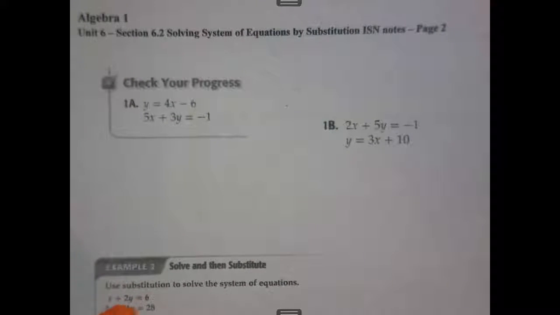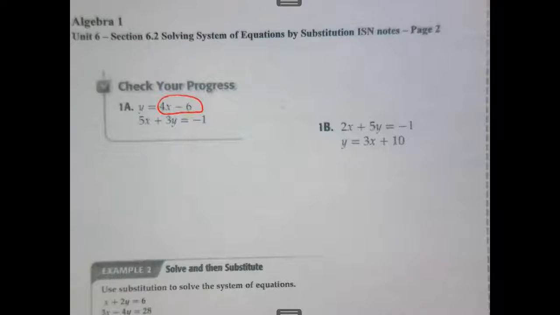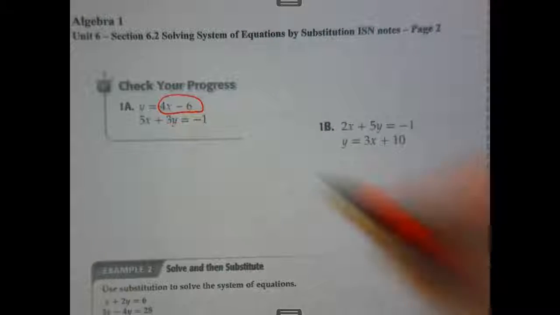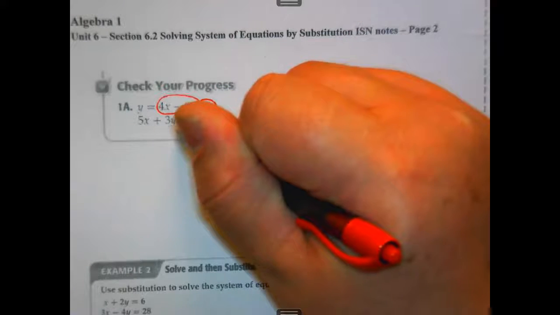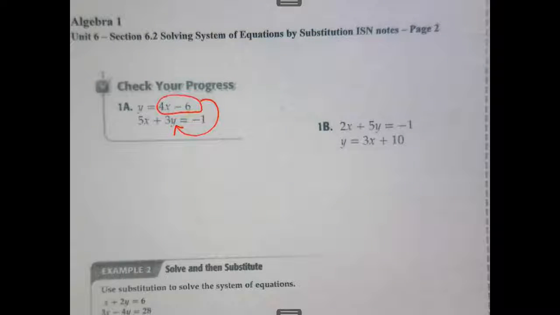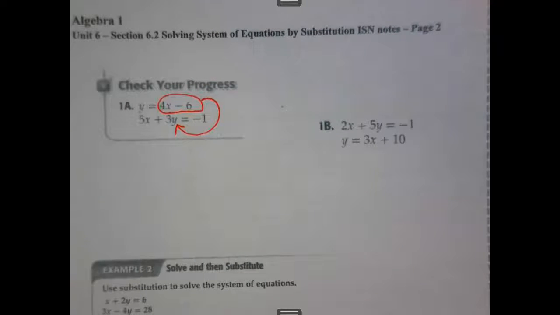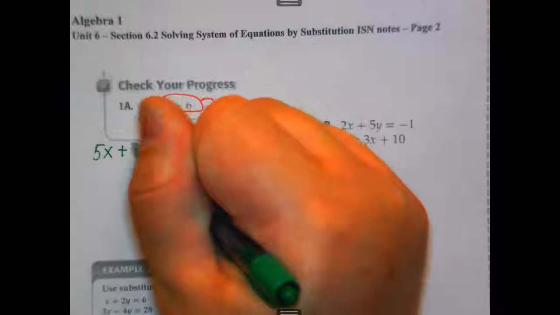Now, step 1, do we have a variable to solve for? Why, yes, we do. The y is by itself, correct? In fact, y equals 4x minus 6. So what we're going to do is substitute it in the other equation where the y is. Okay. So I have 5x plus 3.